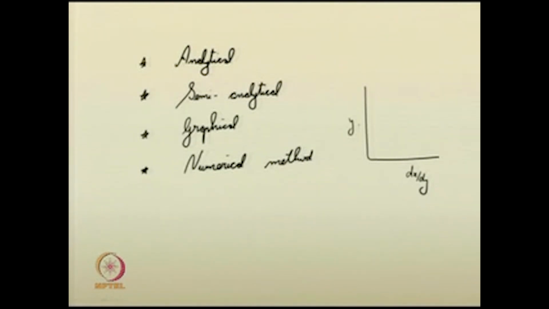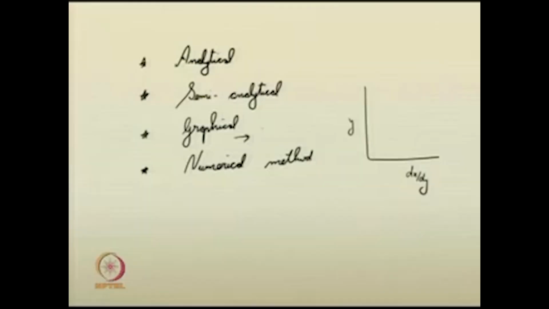Dy by dx with y can also be plotted, and you can compute the area graphically. Although the approach is correct and it may give a very good result, it is quite tedious. So, the graphical method is quite tedious.